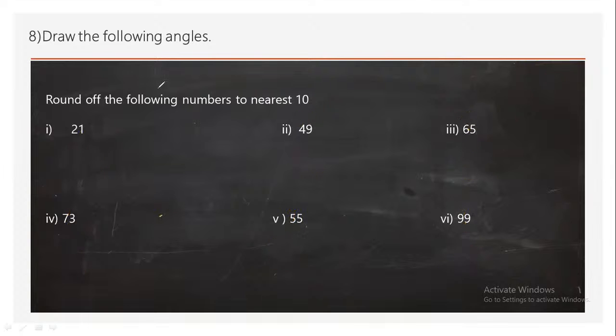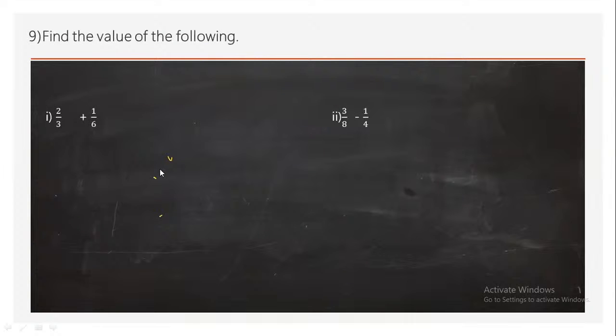Next question, question number 8. Find the value of the following related to fractions. There are two ways of doing the fractions. Can you remember? One method is you can do like this, 6 times 2, 12, plus 3 times 1, 3. 3 times 6, you multiply 3 and 6, 18.